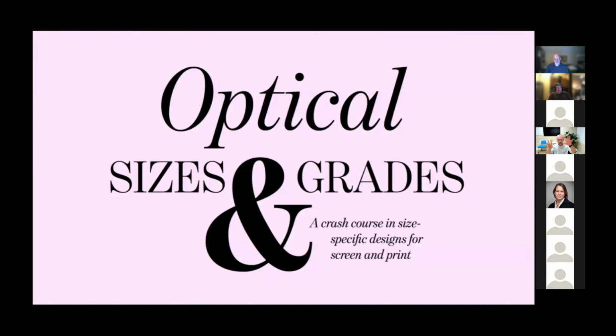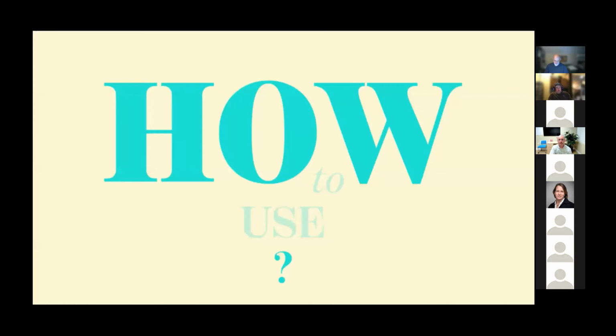Again, really a custom arrangement. There's this A crash course that also extends from that ampersand as well. So that was a nice nook that we could put something in. And then the last one is how to use. Again, how to use is positioned in such a way that actually forms a question mark.